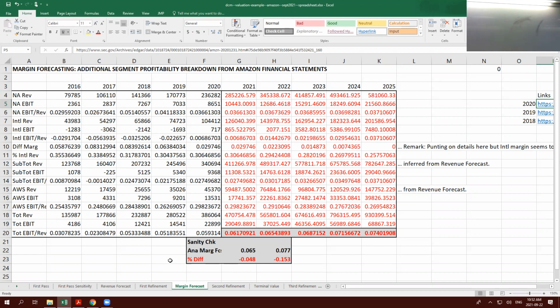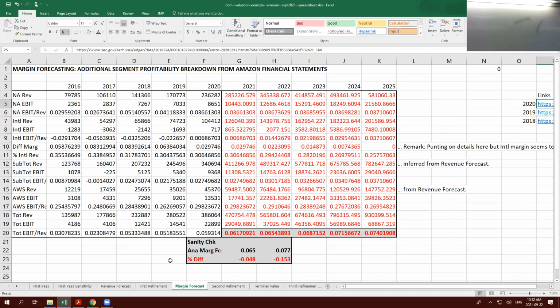Because the one thing I know about Amazon is people make a very big deal about the fact that AWS, even though it's still a small percentage of revenue, makes up like 50% of Amazon's net income in recent times. I know this because it's splattered all over the news. So what that tells you is AWS margins are mega higher than everything else Amazon does.